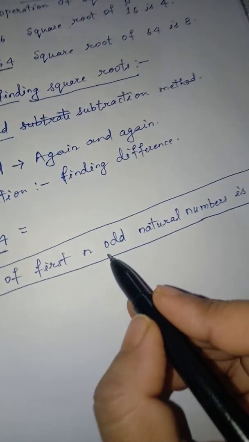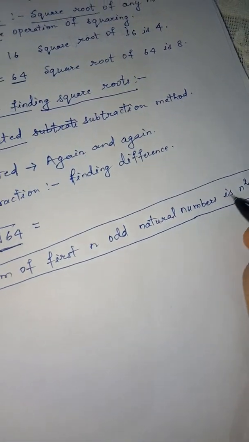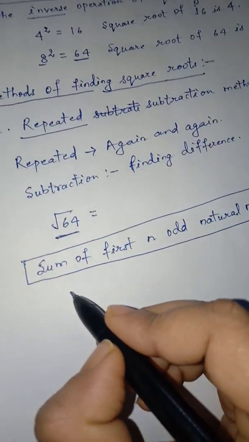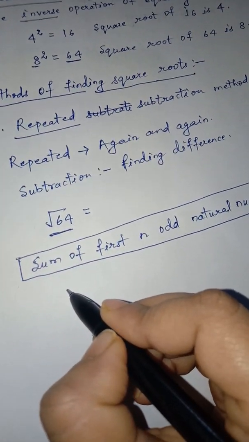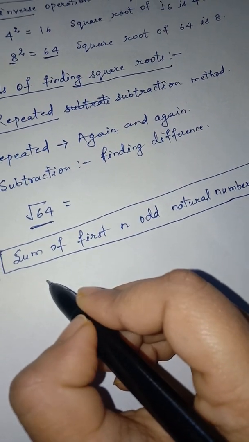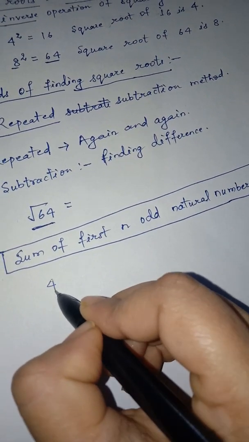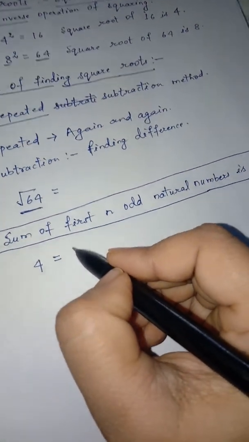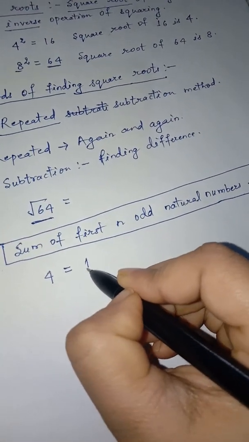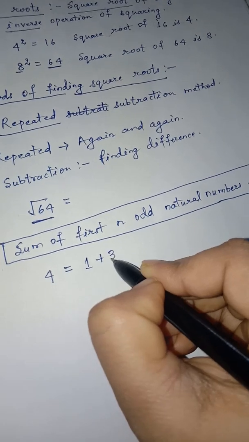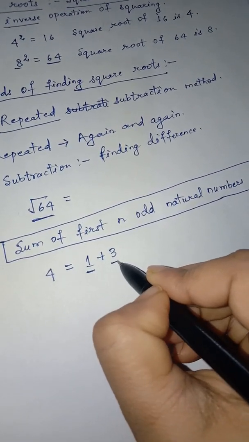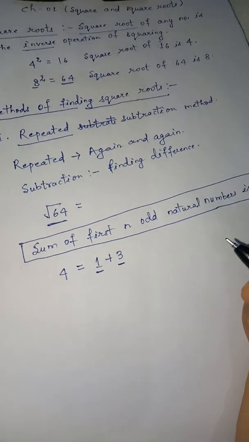What does it mean? The first square number is 4, and how can we get 4? By adding 1 plus 3, the first odd number and the second successive odd number.